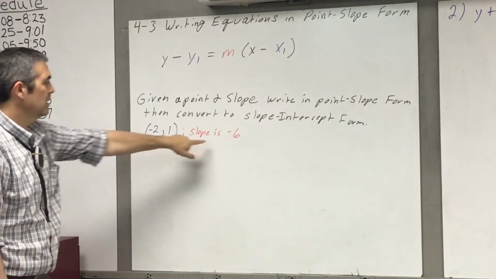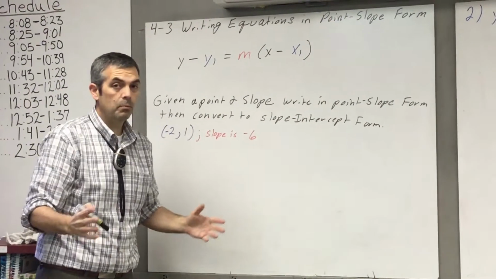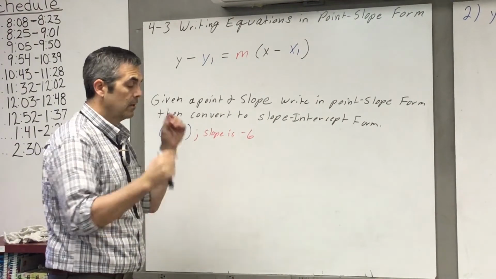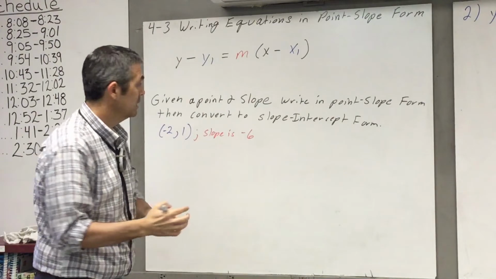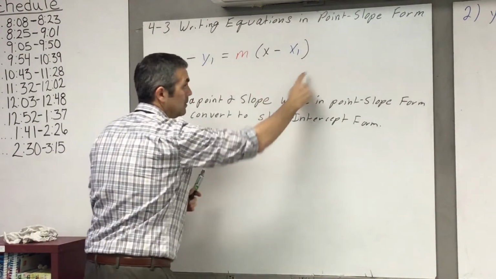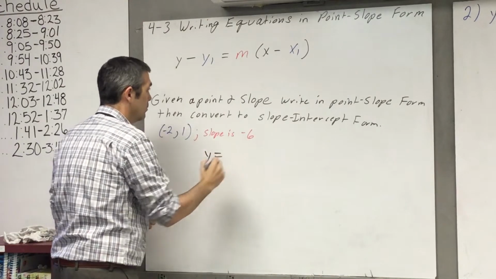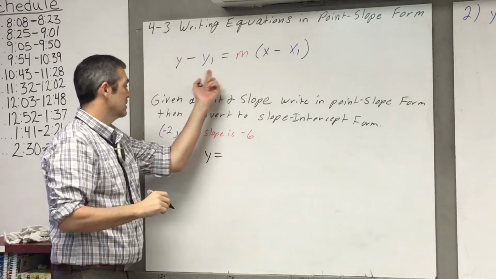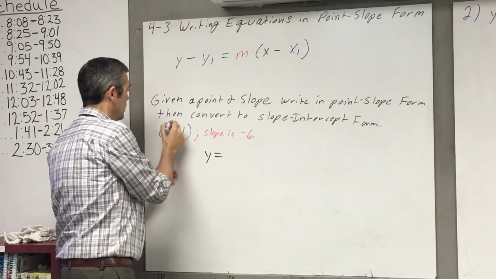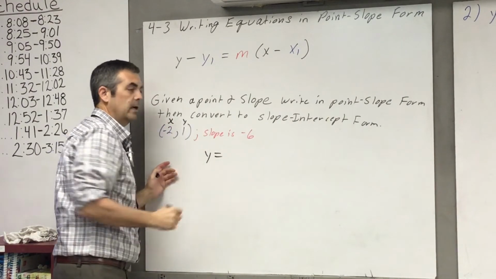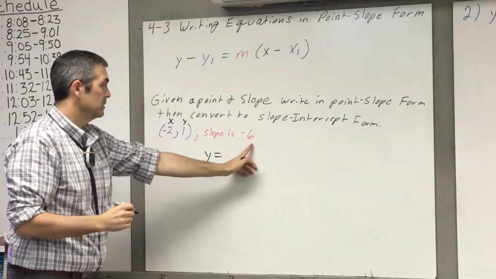We have a point and we have the slope. Putting it into point slope form, not that big a deal. We're going to use this right here. Gotta know this in order to be able to do this. So the y equals y subset 1, that's 1 right here. Remember, this is your x, this is your y, this is your slope, this is your m.